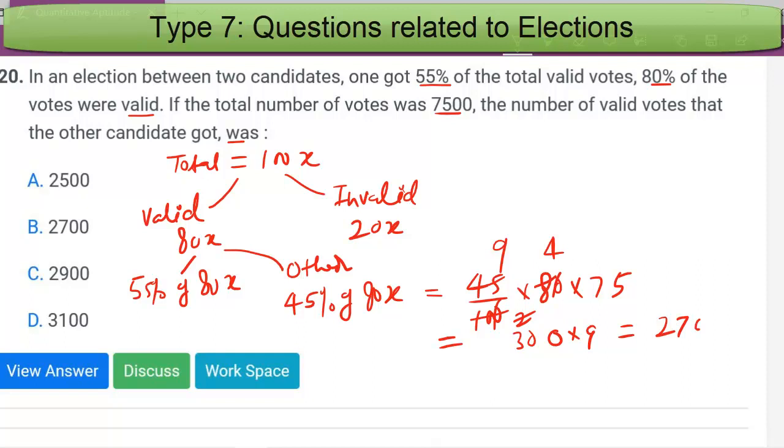So 2700 is the answer. So B is the correct answer. Here we have discussed all different types of questions in percentage. I hope this will be useful to all.